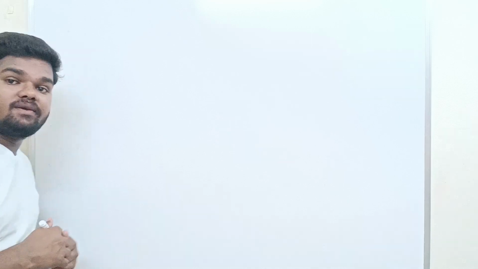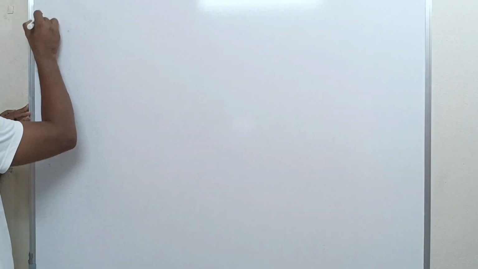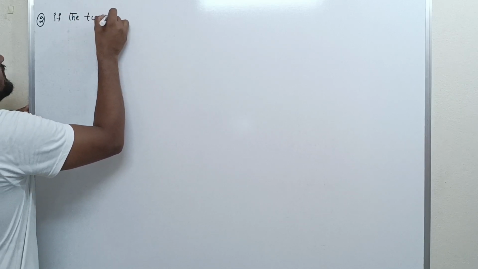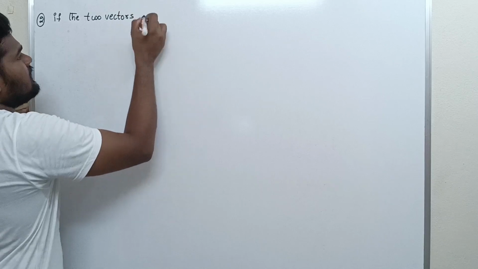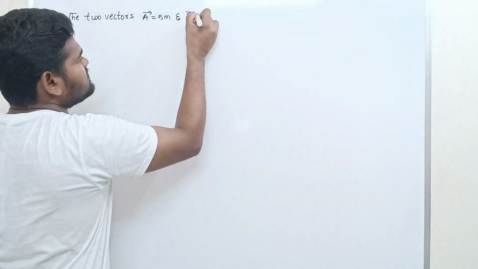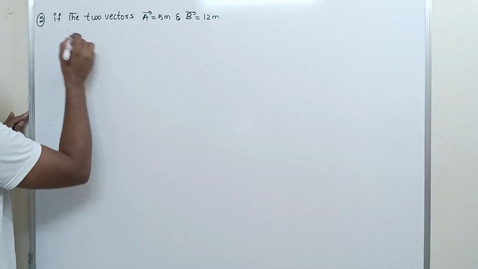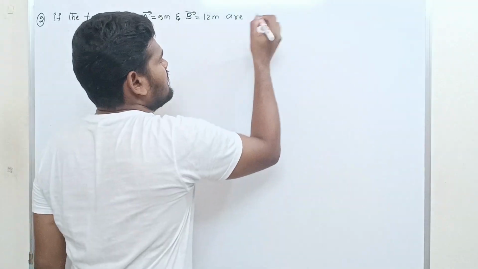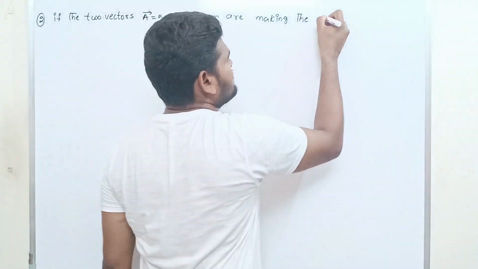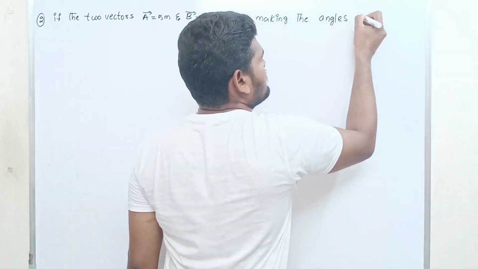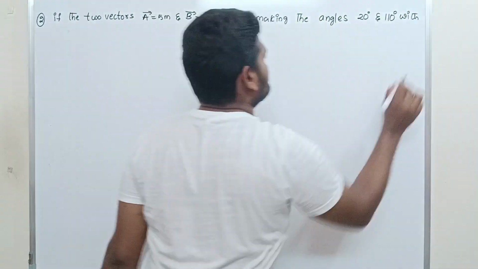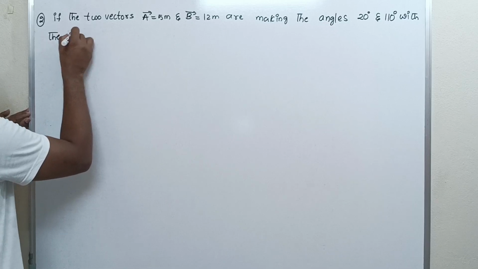Right. So let us see the second problem. Have a look. So second problem. If the two vectors a bar is equals to 5 meters and b bar is equals to 12 meters are making the angles 20 degrees and 110 degrees with the x-axis.